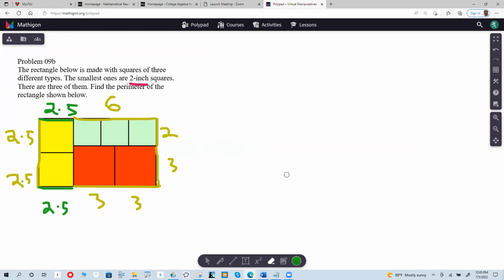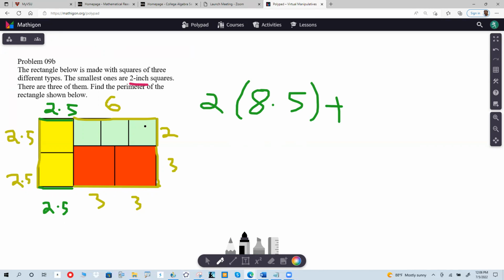Now, I need to find the perimeter of the whole rectangle. The original big rectangle length is 6.25, which is 8.5. I'll multiply it by 2 because there are 2 of them, one on top, one on the bottom. And the width is 2 plus 3, which is 5, or 2.5 plus 2.5 is also 5. It doesn't matter which one you start with. It's going to be 5 times 2 because there are 2 of them.